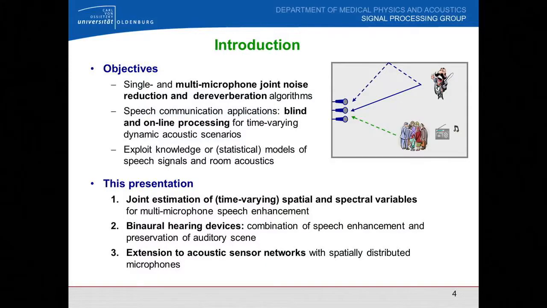So, more in particular, what will I talk about? First of all, I will talk about the joint estimation of time-varying spatial and spectral variables, more in particular the relative transfer function of a moving speaker, as well as the PSDs of noise and reverberation.